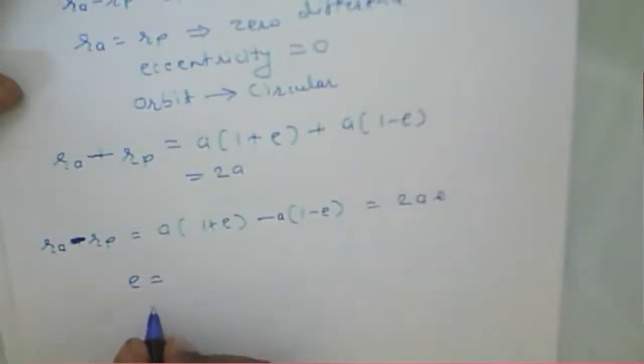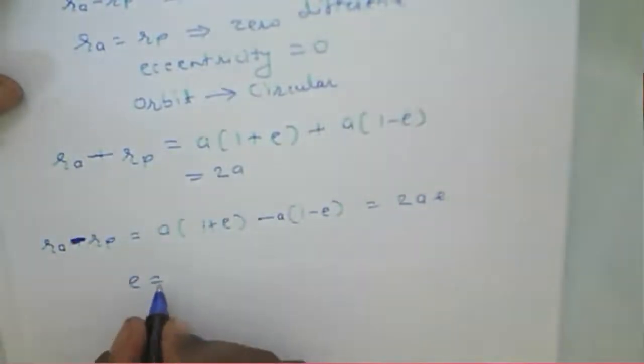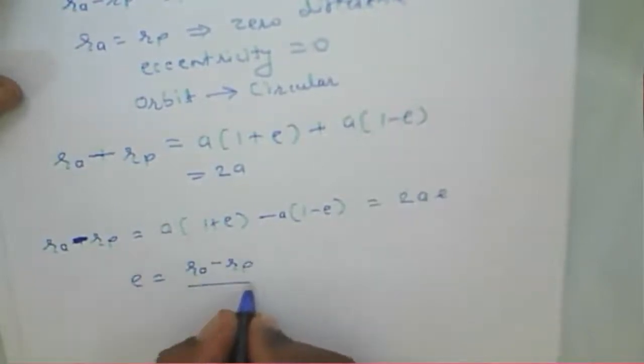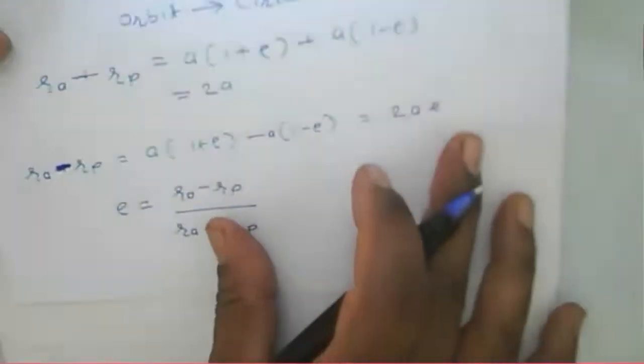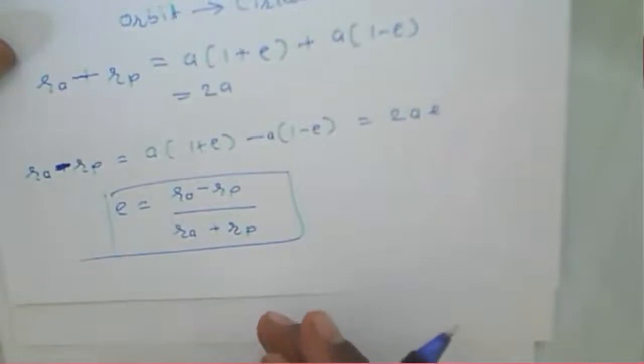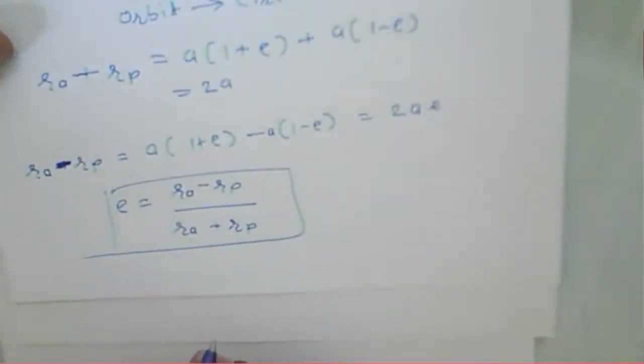If you equate these equations, E is equal to (RA minus RP) divided by (RA plus RP).